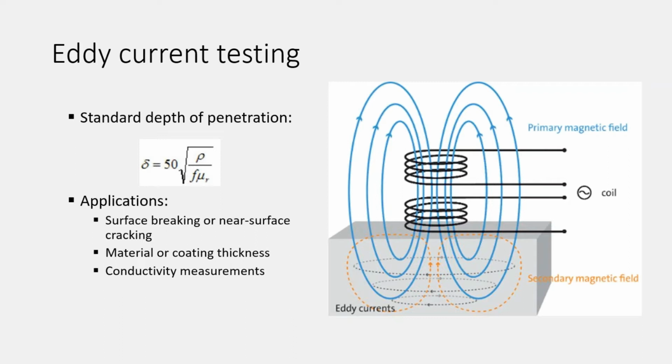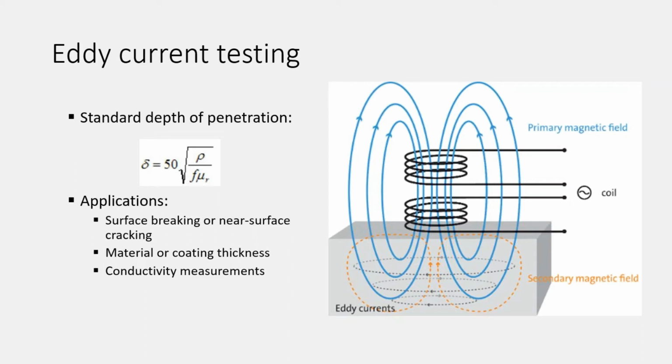How deep those eddy currents can actually reach into the material depends on the frequency of the external field, material conductivity, and permeability. So that way, this depth of penetration is the limiting factor in the application of eddy current testing.